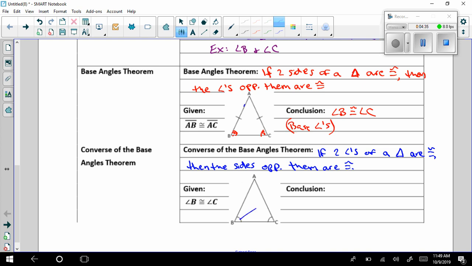If you see B is marked congruent to C, then those opposite sides are also congruent. So angle B is congruent to angle C, then we can conclude that AB is congruent to AC, which are the legs, if you look at the label, of the triangle. So if the base angles are congruent, the legs are congruent, is another way to state that theorem.